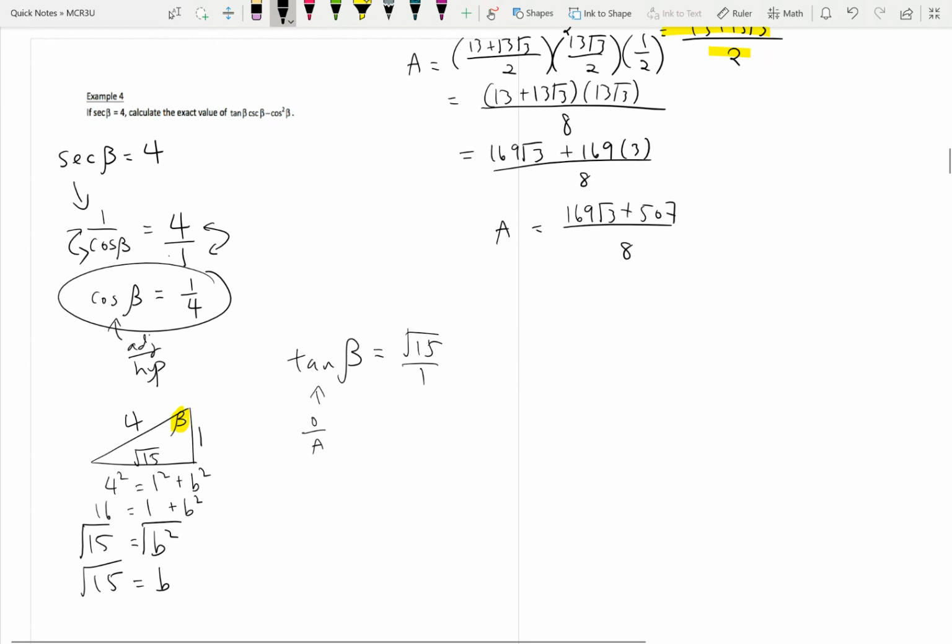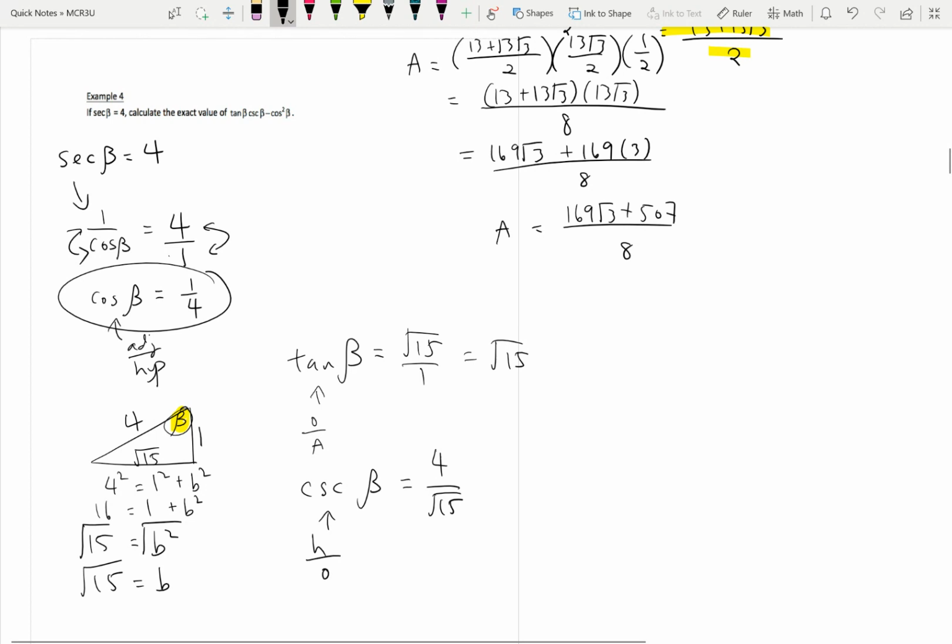So that is equal to root 15. Cosecant beta is 1 over sine, the reciprocal of the sine ratio, so that will be hypotenuse over opposite, right? So from the angle beta again, the hypotenuse is 4 at the top, and the opposite is root 15.